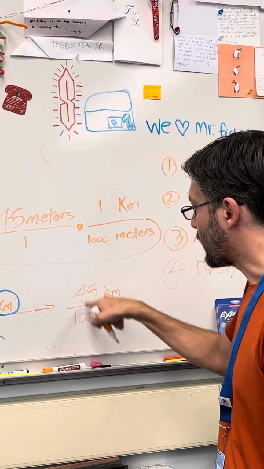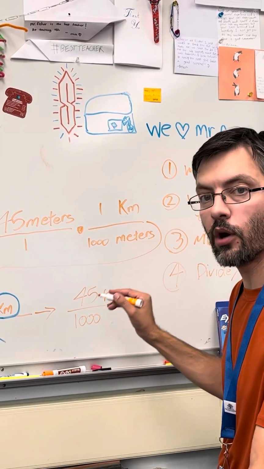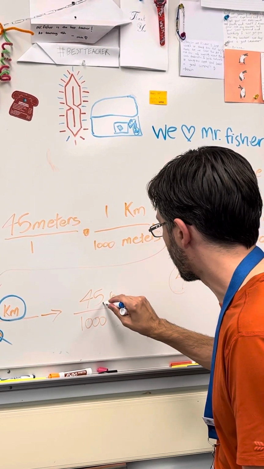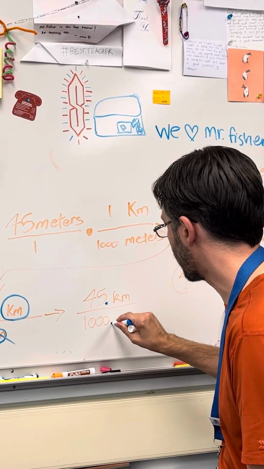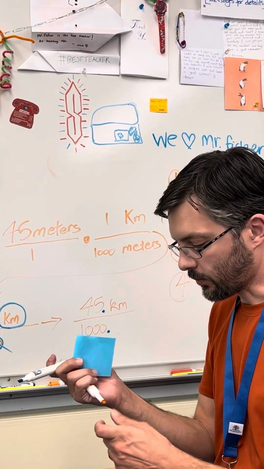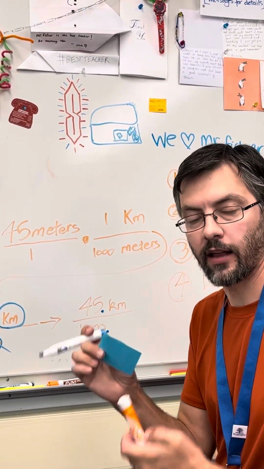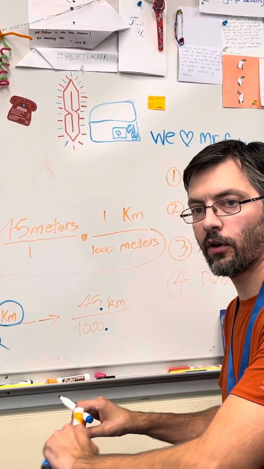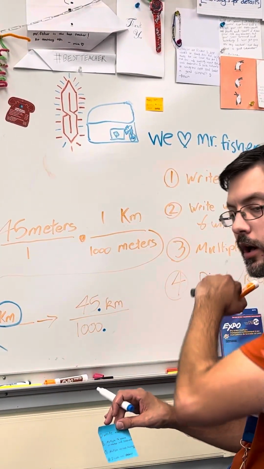How can you make this really simple? What you don't see is that there's actually a decimal point right here, and there's a decimal point right here. I can do something to the bottom and I can do something to the top as long as I do the exact same step. If the top goes to the left, the bottom goes to the left. The top goes to the right, the bottom goes to the right.